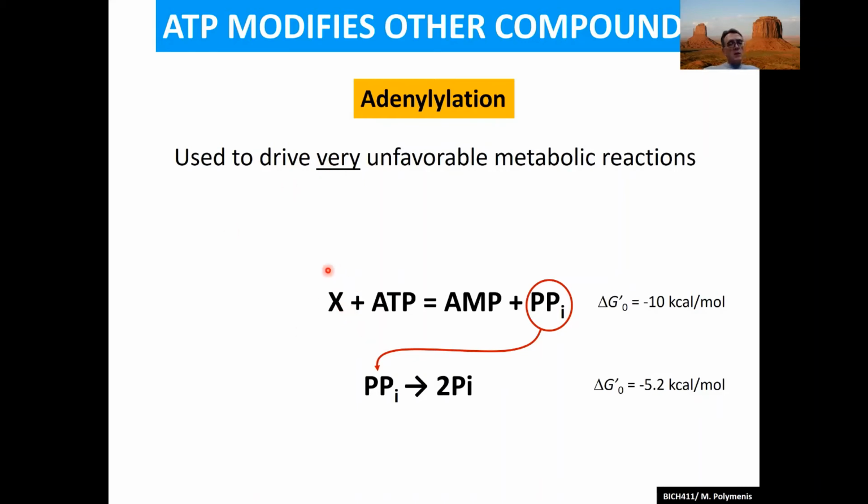You decorate this X with the AMP essentially, and in that way you have endowed it, it's like you gave it a lot of money. So now X, thermodynamically speaking, was very poor and couldn't be involved in too many reactions, but once you adenylate it, all of a sudden it becomes useful. It can do chemical reactions.